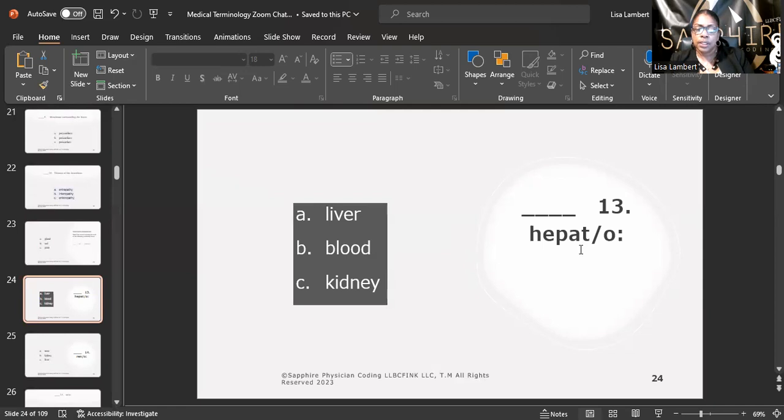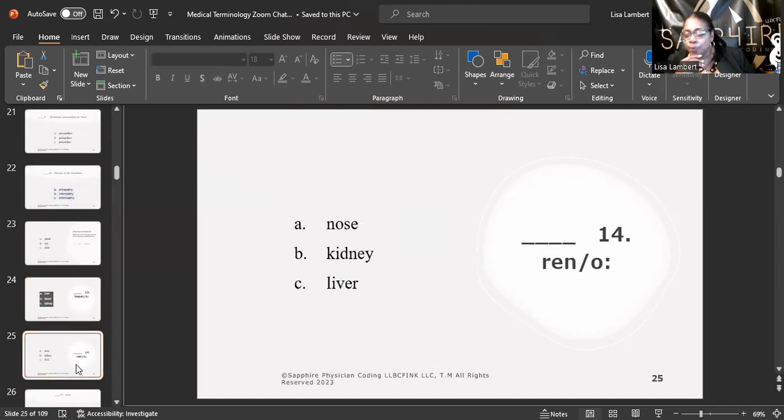Blood, kidney, liver. Which one of these is the heart? Good. I wanted to see who gets this mixed up all the time between the blood and the kidney. I'm not giving away the answer, but that was the right answer.